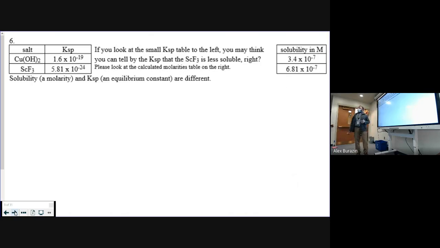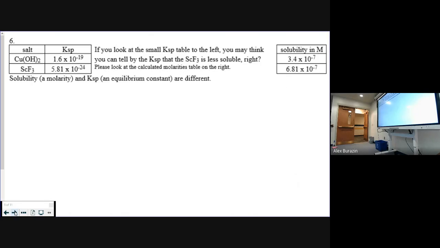If I just look at Ksp, well, this one's bigger. 1.6 times 10 to the negative 19 is a bigger value than 5.81 times 10 to the negative 24. You agree? So on the surface, it feels like bigger Ksp, more of that should dissolve.